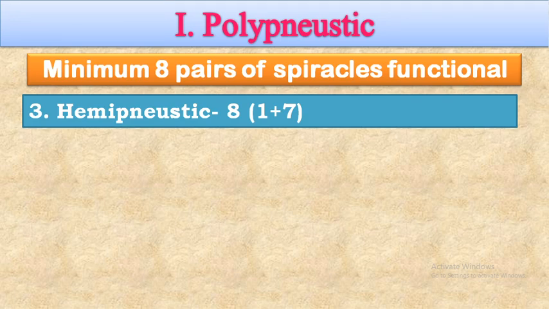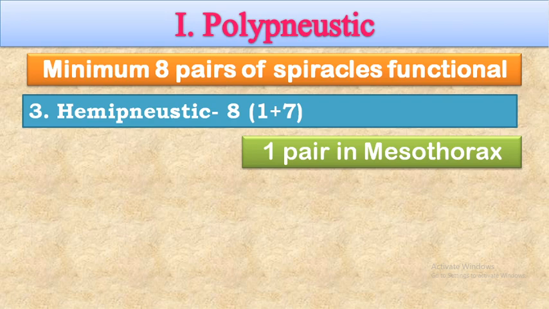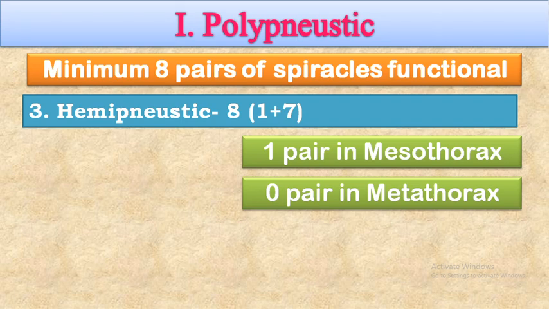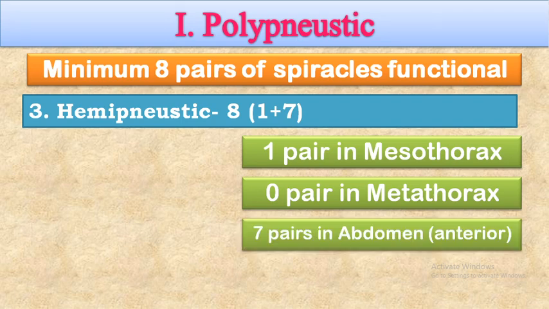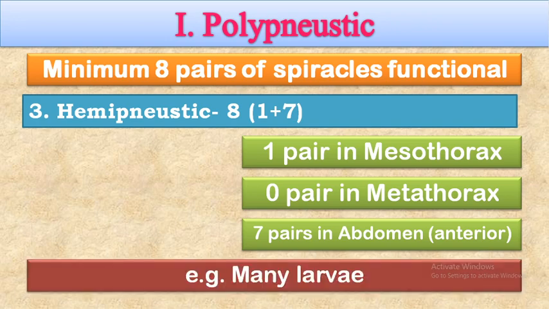One pair in mesothorax is functional. The metathorax is non-functional, and the abdominal anterior pairs, the first 7 pairs of abdominal spiracles, are functional. Many larvae are representative of this. Examples will be somewhat different.